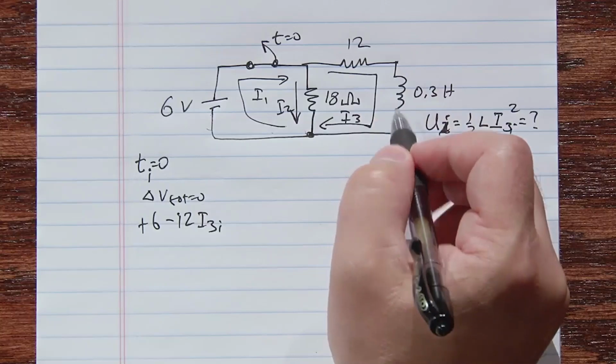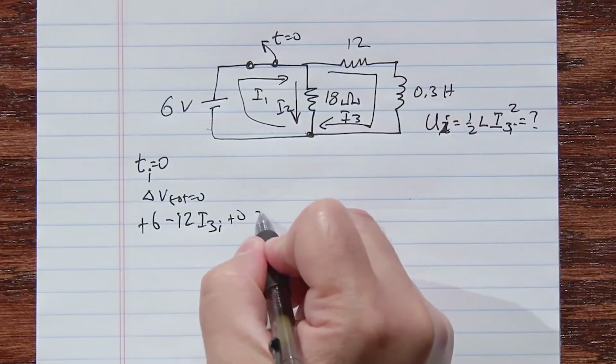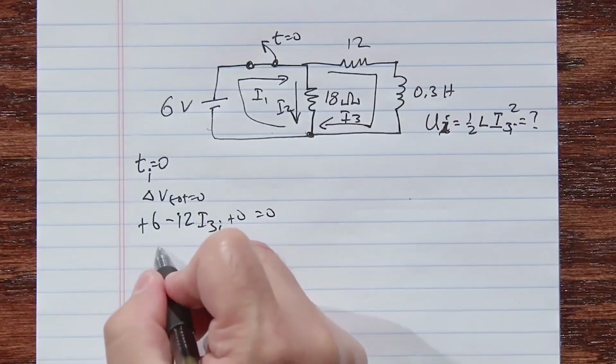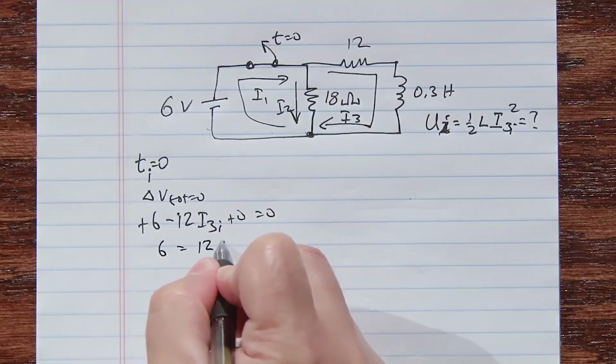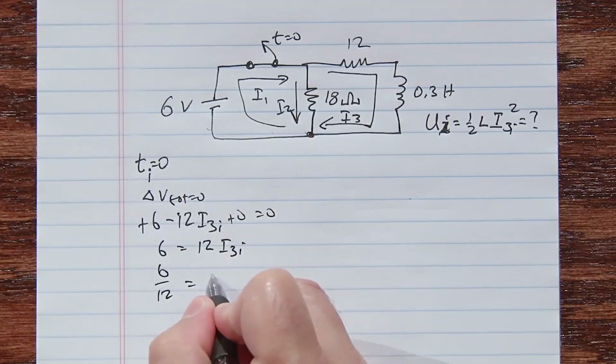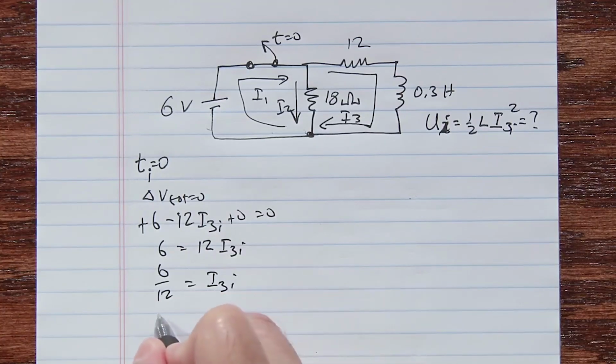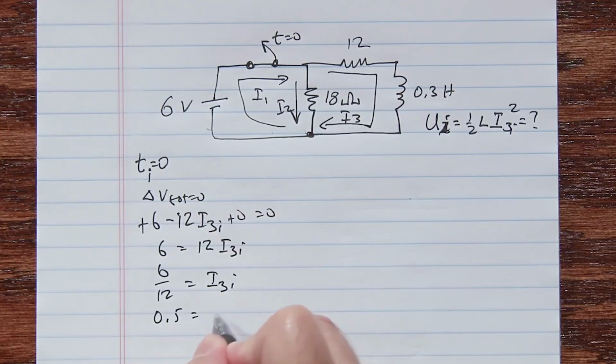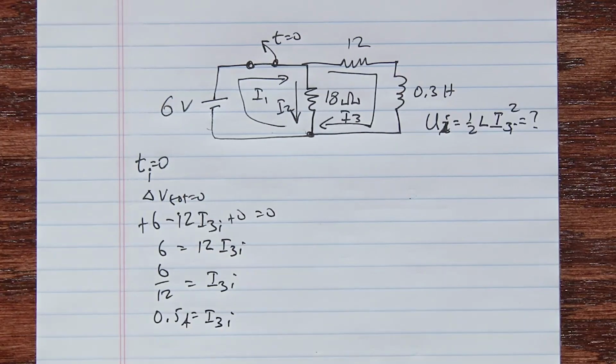It's just like a wire. So plus 0 is equal to 0. That gives 6 equals 12 I3 initial, or 6 divided by 12 is I3 initial, or 0.5 amperes. So the initial current through the inductor is 0.5 amperes.